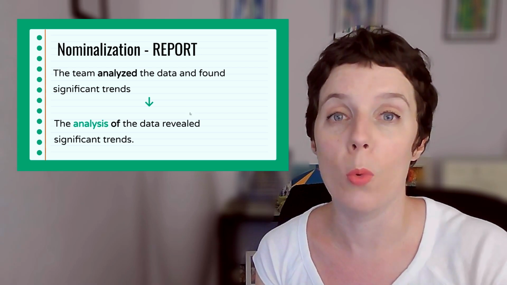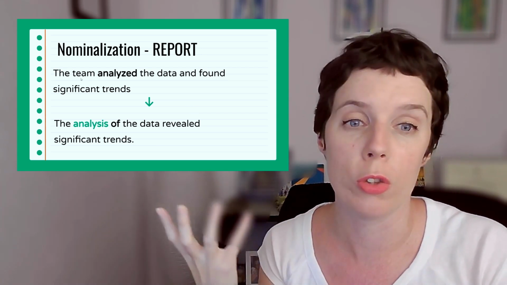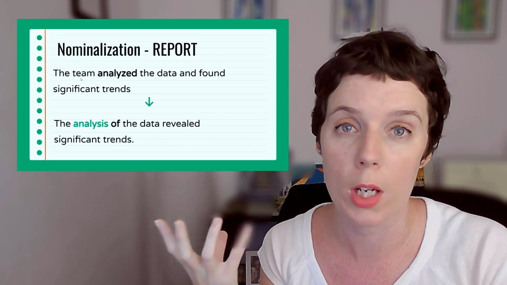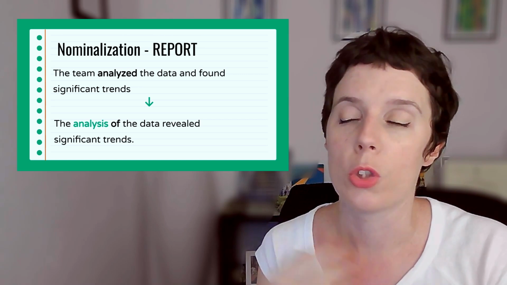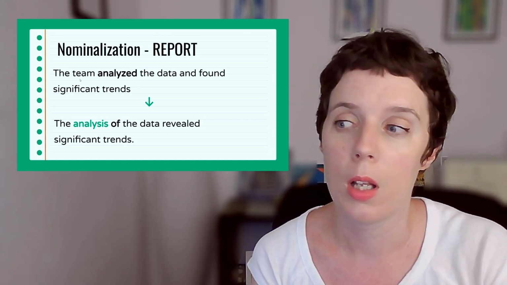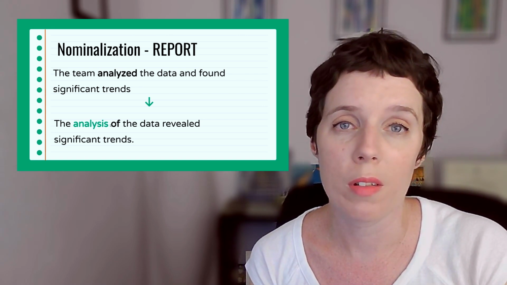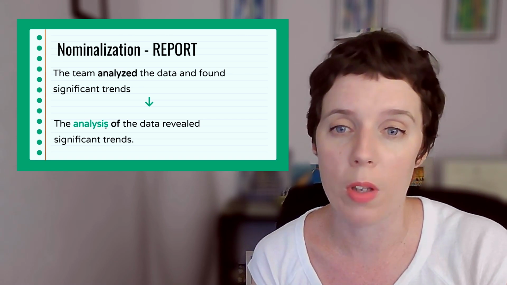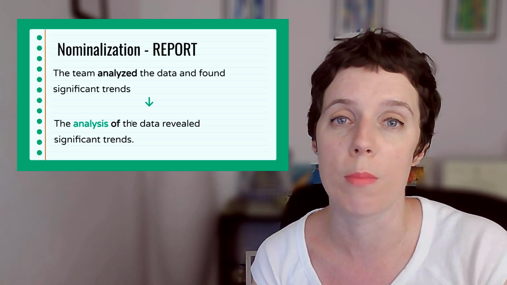Again, it makes it more impersonal because you're not using a person or a group of people as the subject. You're just using a kind of neutral noun instead. So it makes it more impersonal and more formal, the analysis of. You'll see that with nouns we often use of after the noun as well. There's something of something. So we tend to use that as our noun phrase to make it more formal.